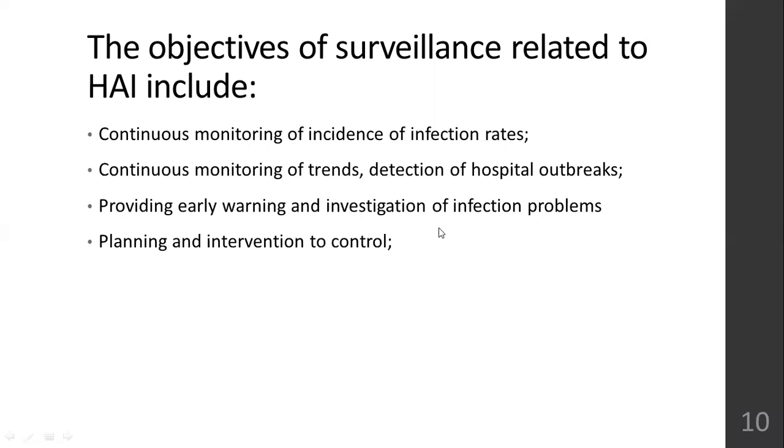Then planning and intervention to control. Once you find the early signs and symptoms, you have to plan. The doctors will plan what to do so that the situation does not get out of control, and this infection does not complicate the already pre-existing diseases of the patient. Next is prioritizing resource allocation.